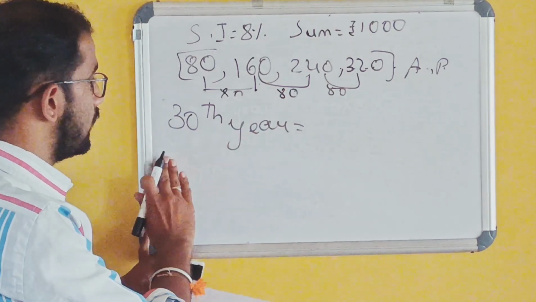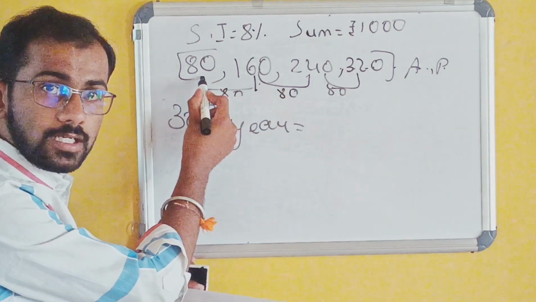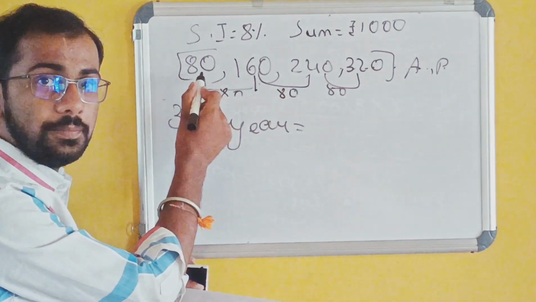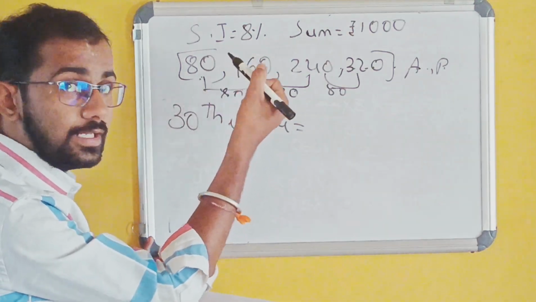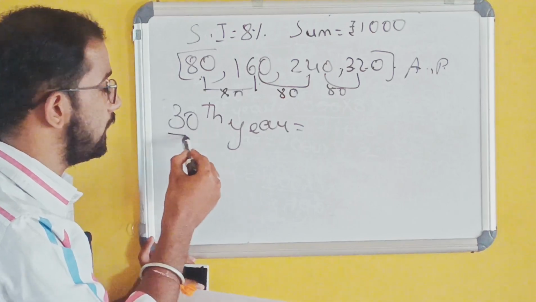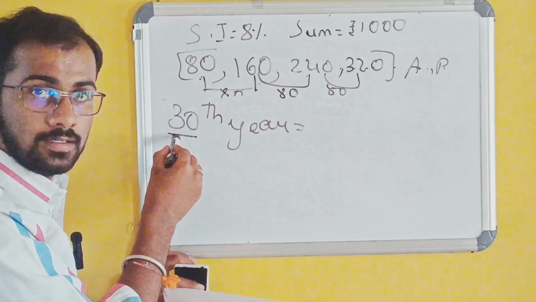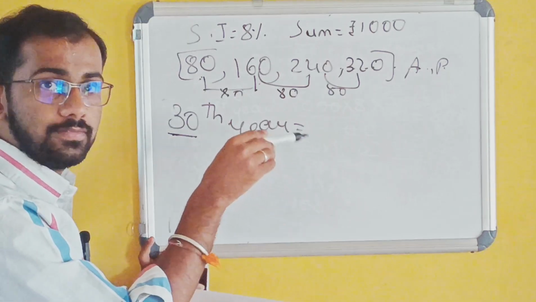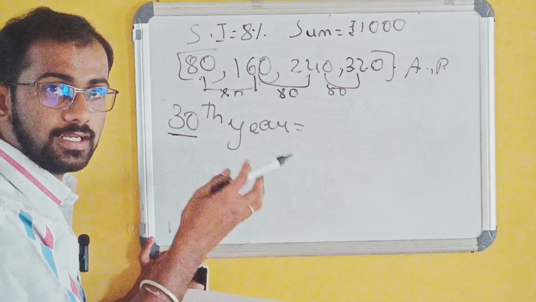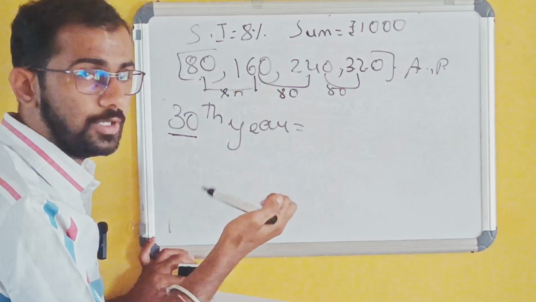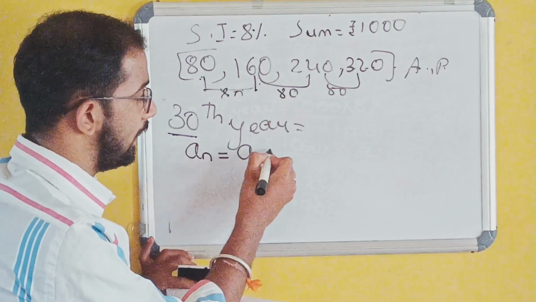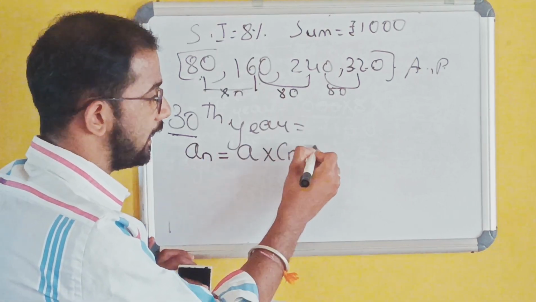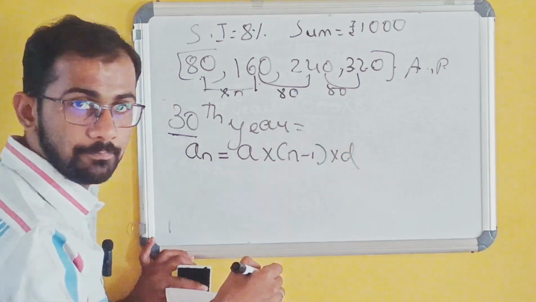See, we know the first term a, and we know the common difference, that is 80. We have the value of n. All the values we know. Just simplify the formula. Formula to find nth term is an equal to a plus n minus 1 into d.